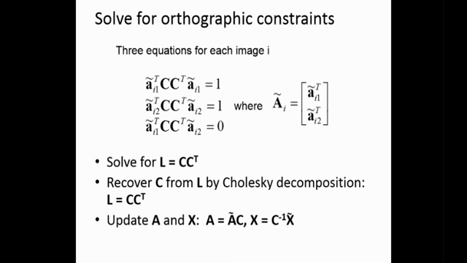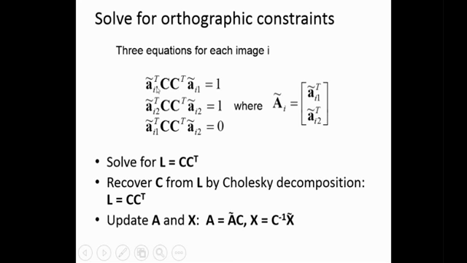And so then I can solve for this C such that I want to solve for an affine matrix that's parameterized by C, where AI1 and AI2 are the two rows of the ith camera matrix.